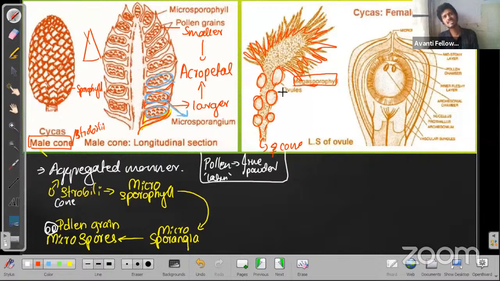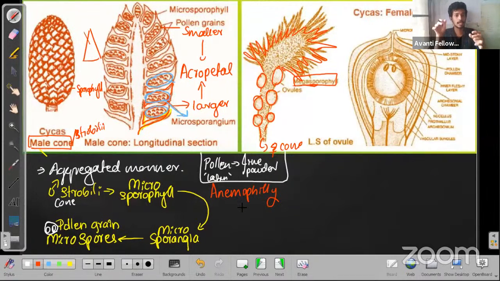Okay, so there are some other consequences or uses also for this megasporophyll, this catching of the pollen grains. Remember, here pollination happens through the air. We call it anemophily. Okay, anemophily, or pollination through air.